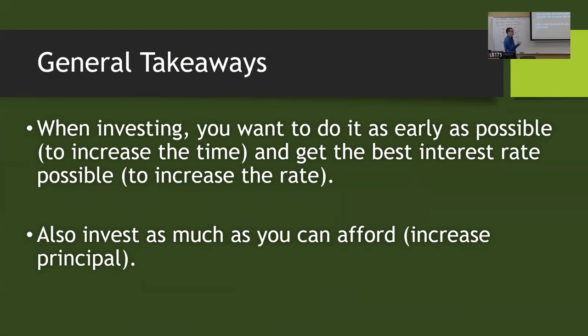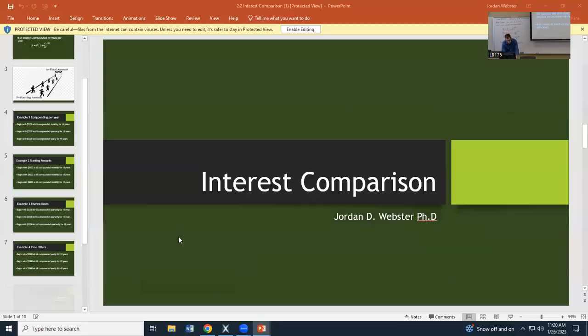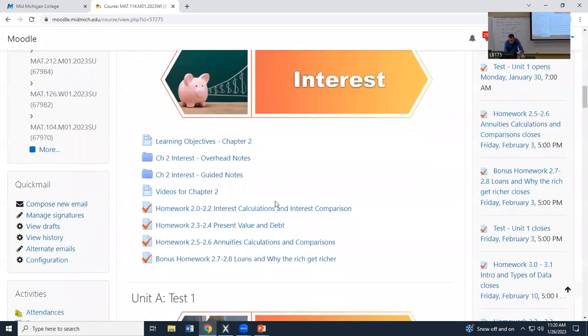You start paying down your debt immediately, and you put as much down towards your principal as you can afford. Does that make sense? So you pay in as much as possible, and you try to get the lowest rate, and you try to pay that debt off as quickly as possible. That's the general takeaway for getting rid of debt as well. So just the flip side of that.